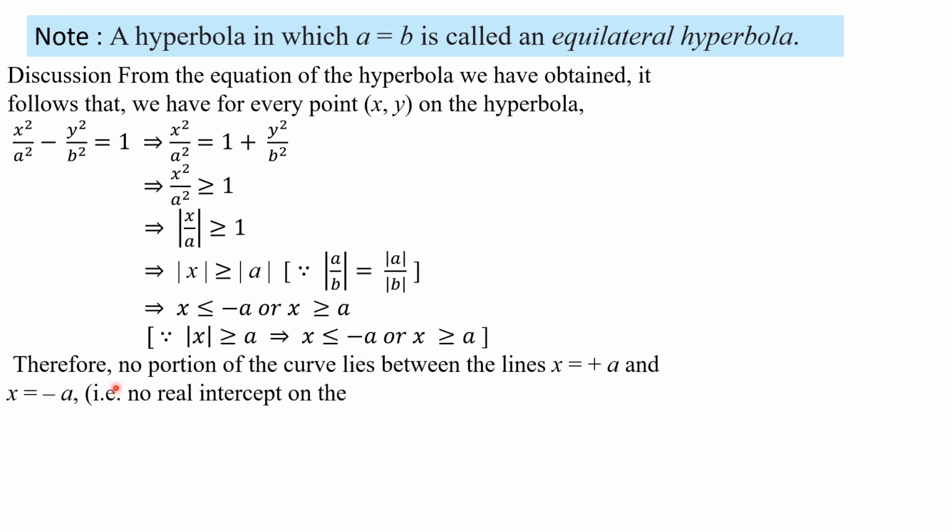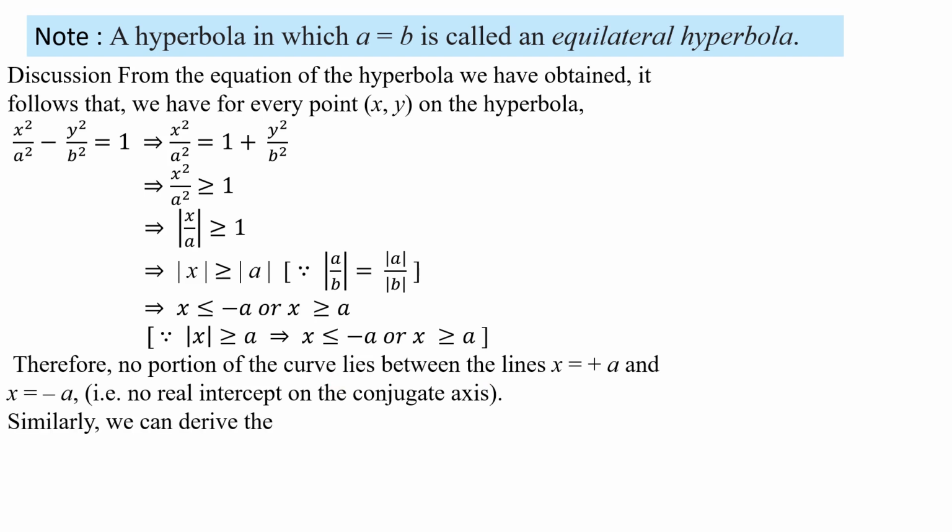Therefore, no portion of the curve lies between the lines x is equal to a and x is equal to minus a. That is, no real intercept on the conjugate axis. Okay, my children. By this step, we say that no portion of the curve lies between the lines x is equal to plus a and x is equal to minus a.